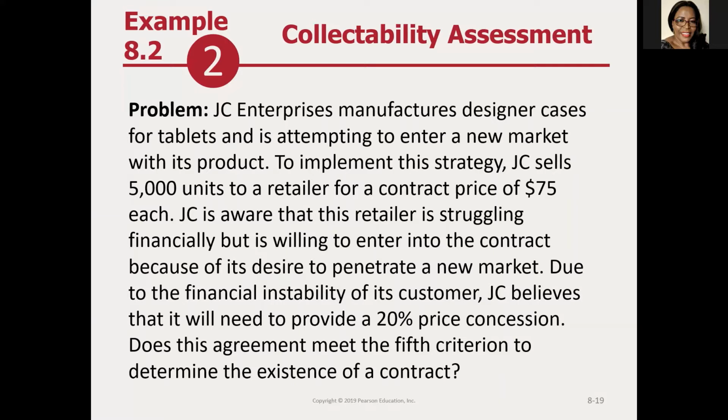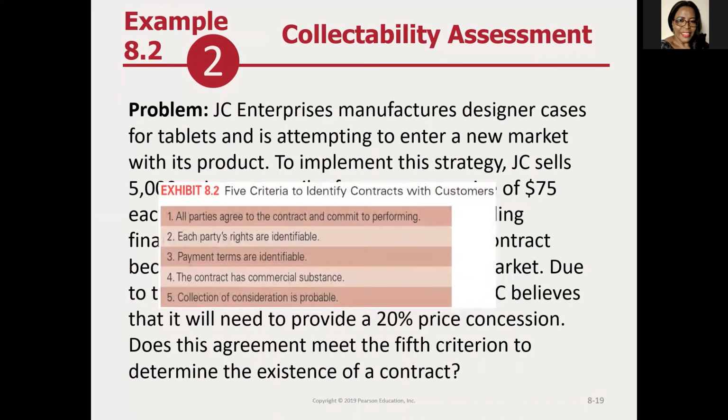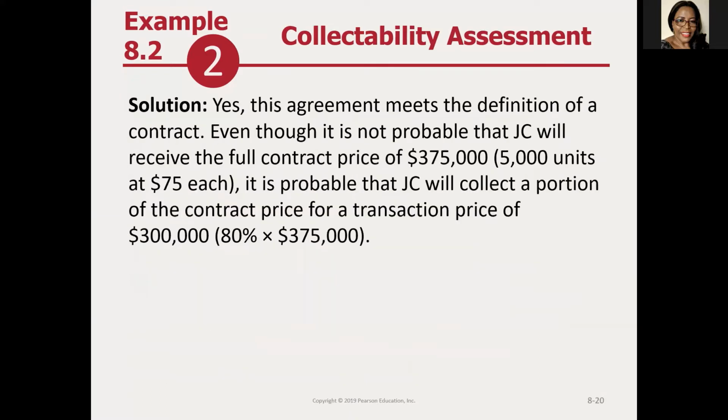Does this agreement meet the 5th criterion to determine the existence of a contract? And we know that the 5th criterion is collection of consideration is probable. That's the 5th criterion. So the answer is yes.